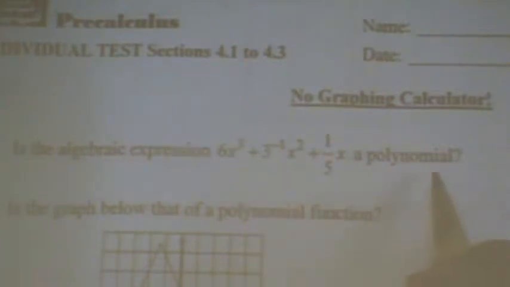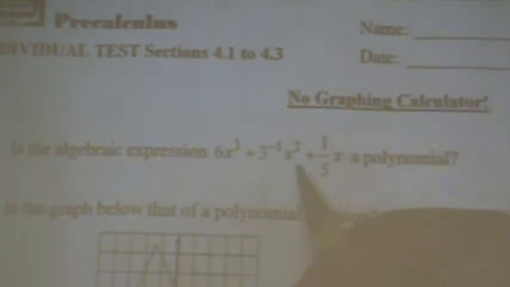Is this a polynomial? It is. Polynomials have all, look at your x's. As long as your x's are in the numerator and they have a positive whole number exponent, then you're good. This is meant to trick you. This is 1/3.